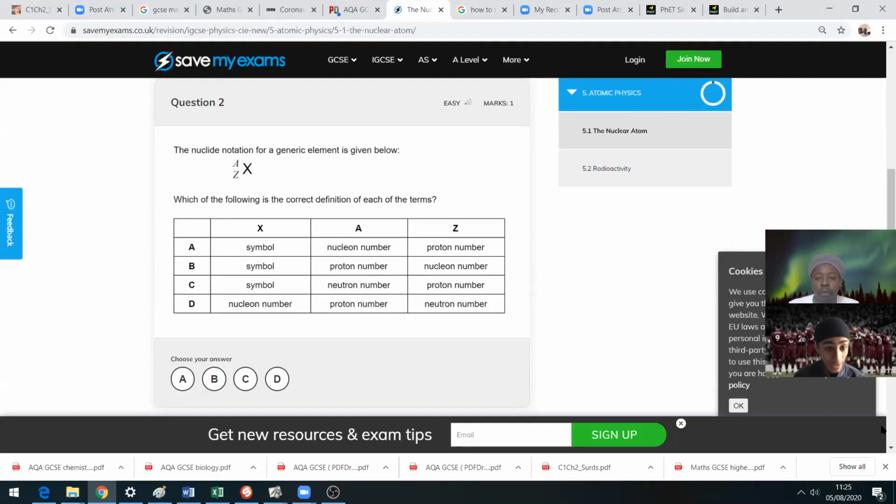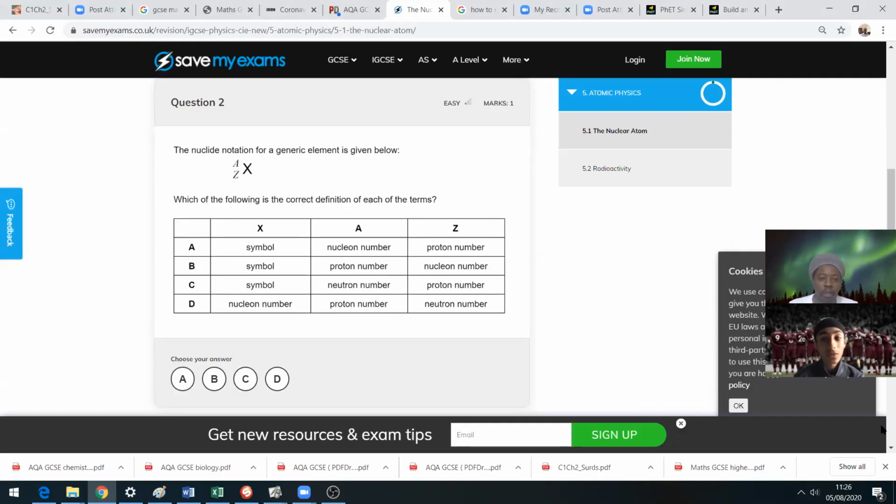The nuclear number will mean mass number in this case. So is the X the symbol? Well done. And then A is the, I think it's the nucleon number.